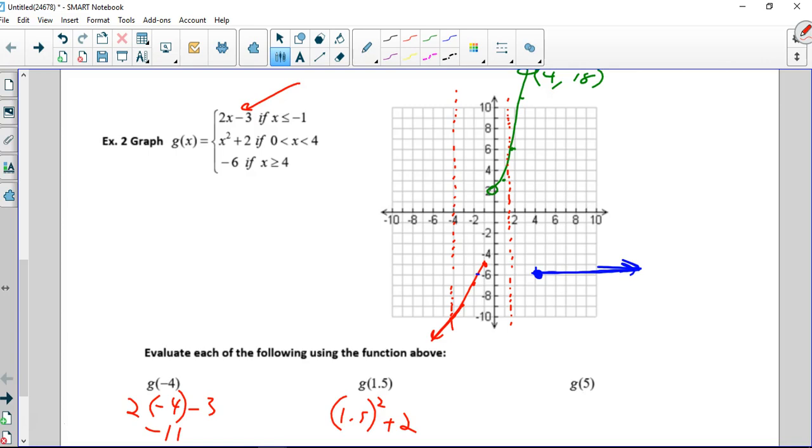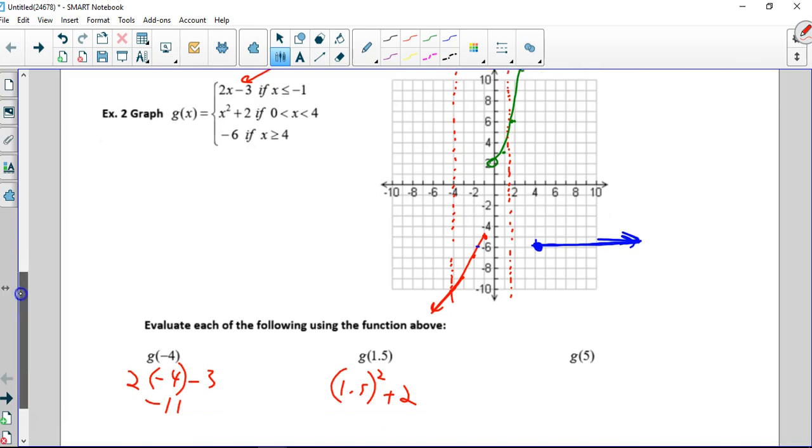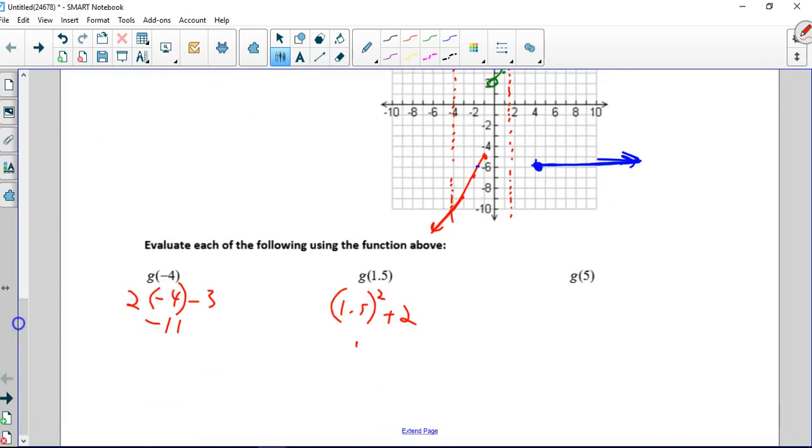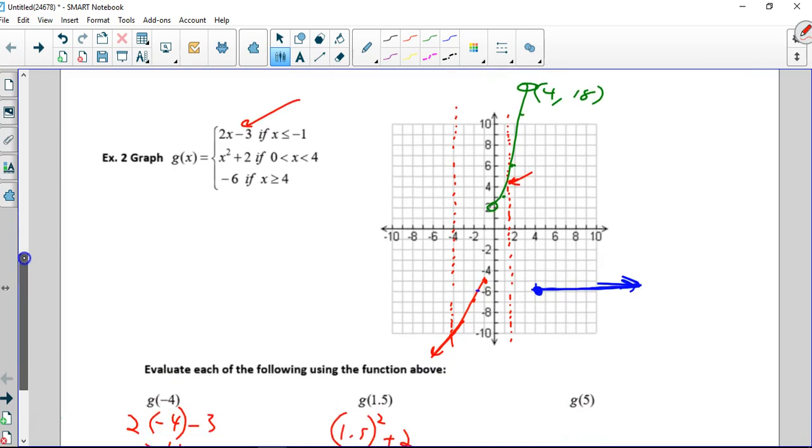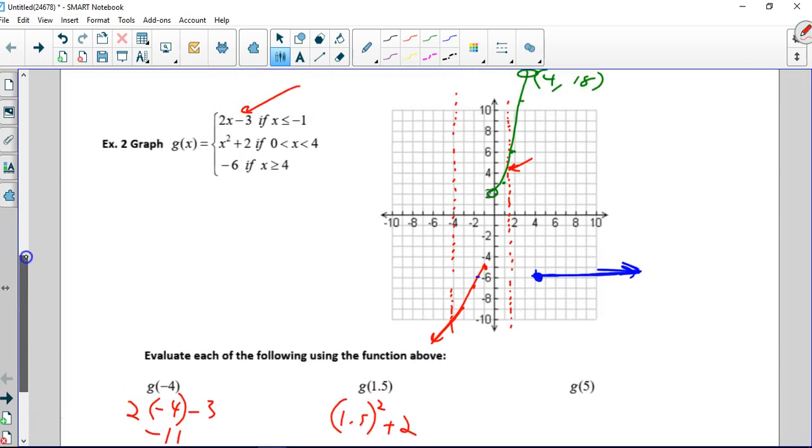So 1.5 squared is 2.25. We're going to add 2 to it and get 4.25, which, if you look at the graph, that makes sense. It's somewhere right around there. But you can't tell from the graph, so that's why we use the graph to figure out which one to plug into.